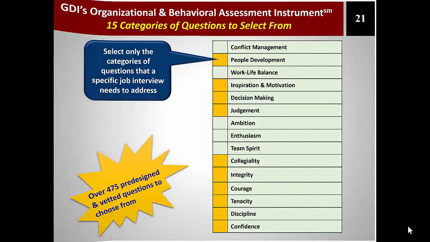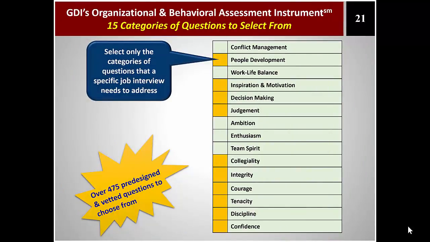interview. And then should you make it past that and you end up in the organizational behavioral assessment, the same thing. Out of our 475 pre-designed questions, we're looking for questions in conflict management, people development, work-life balance, inspiration and motivation. And then after that, we're looking for the remaining 11 competencies and personal qualities that we didn't deal with up front.